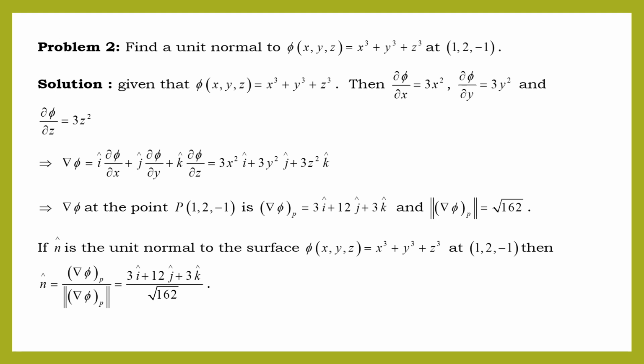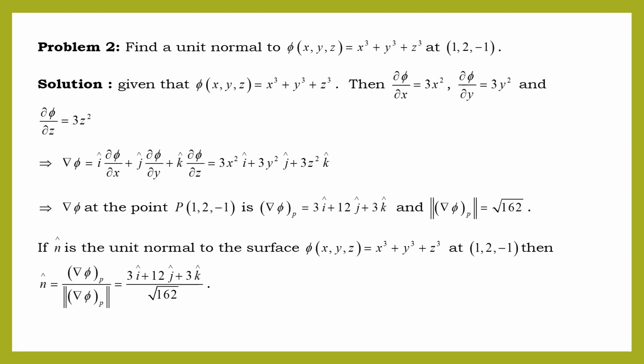Problem number 2. In this problem, a surface is given: phi of x, y, z equals x cube plus y cube plus z cube. They asked us to find a unit normal to this surface at the point (1, 2, -1).